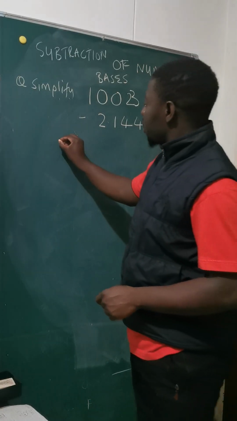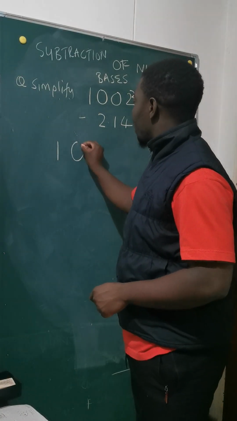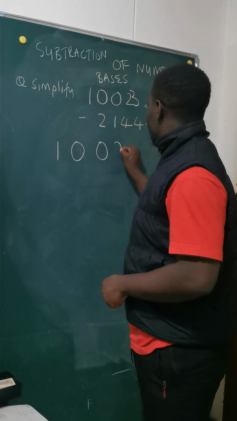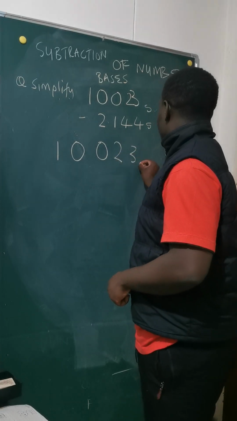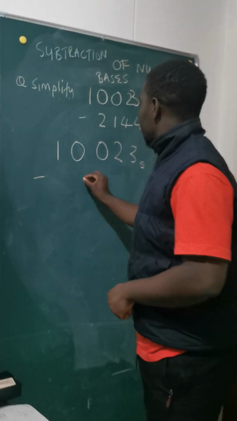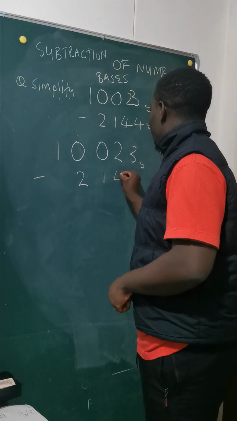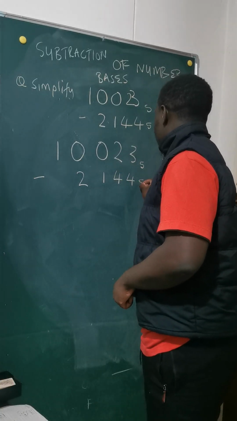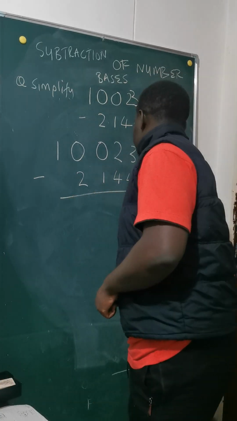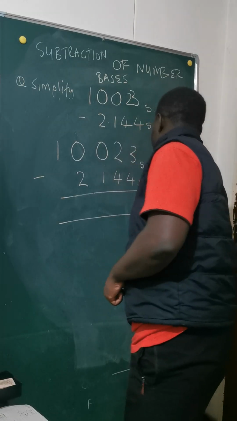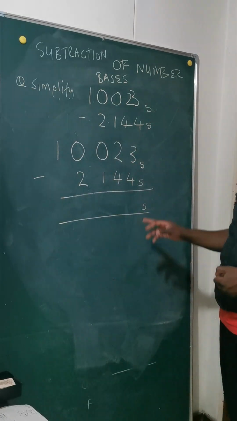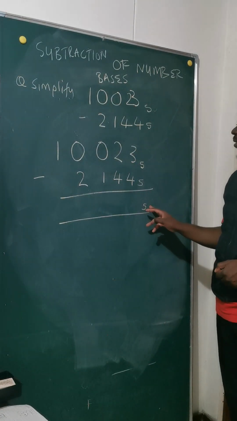So what we are going to do is arrange it properly: 10023 base 5 minus 2144 in base 5. And because we are subtracting numbers in base 5, our answer automatically is in base 5.